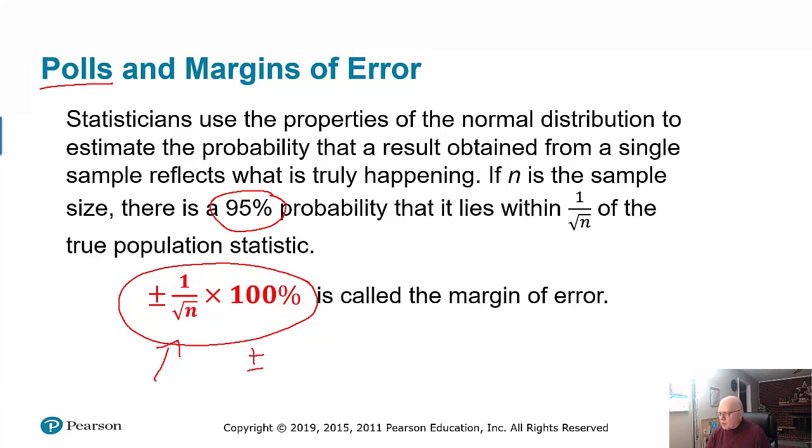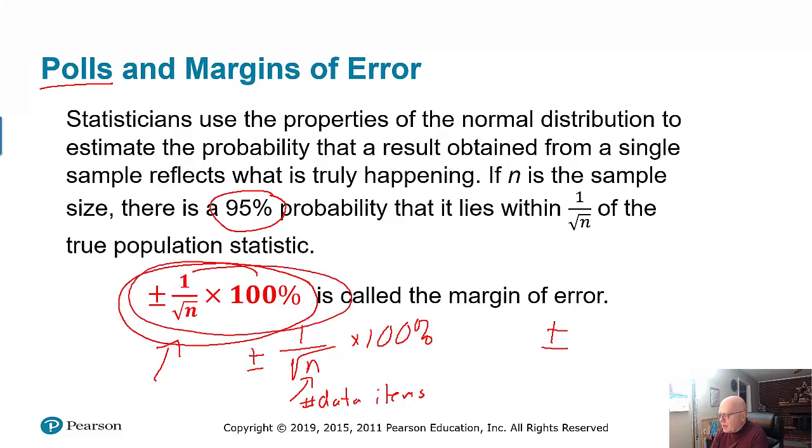Well, it's plus or minus a certain amount. 1, of course, is 1. This n that's in the square root is the number of data items, or the number in your poll. Convert that to 100%, and you know that whatever score you get will be plus or minus this percentage that you get from this.